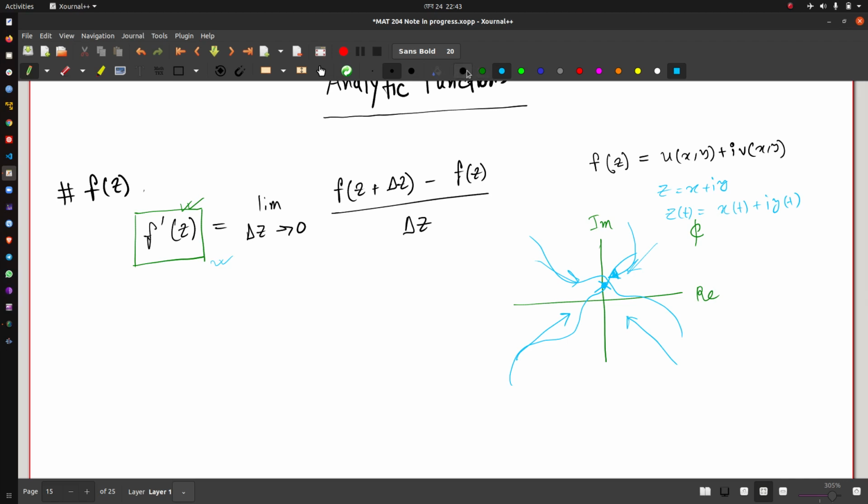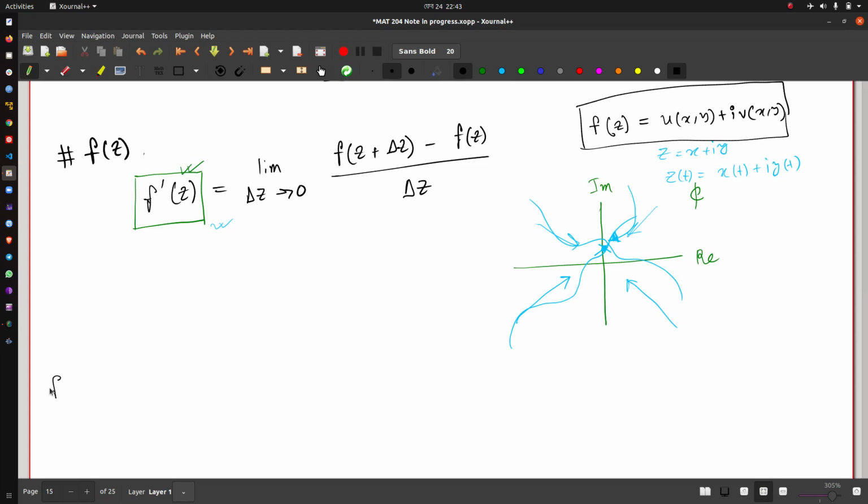Now we are using this idea. First we are going to write f of z in terms of u and v. So let's write f prime of z as the limit as delta x goes to 0 and delta y goes to 0. I'll explain why I'm writing it this way.